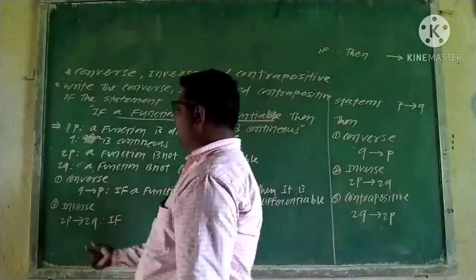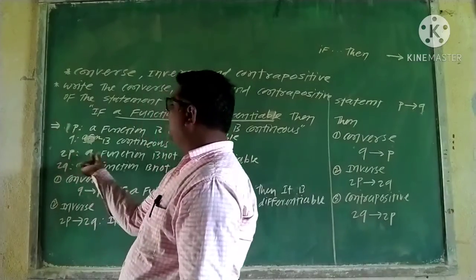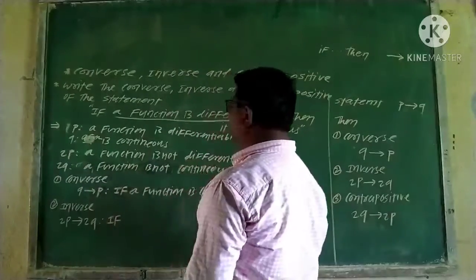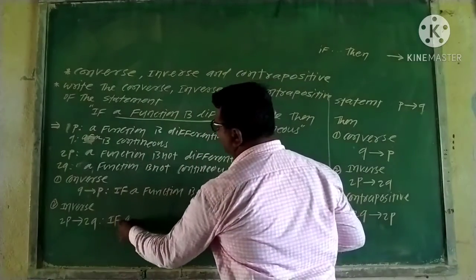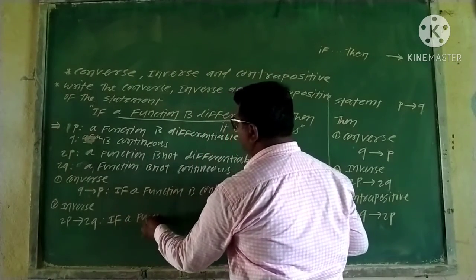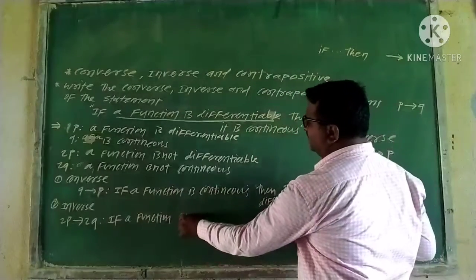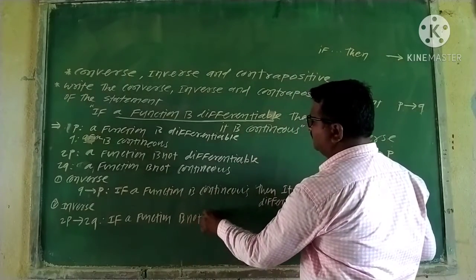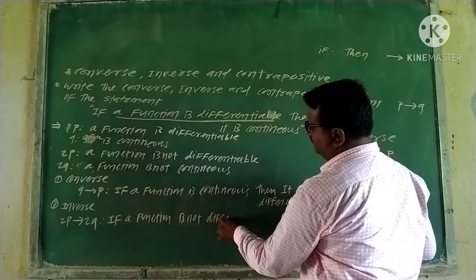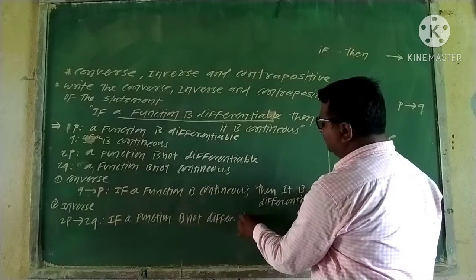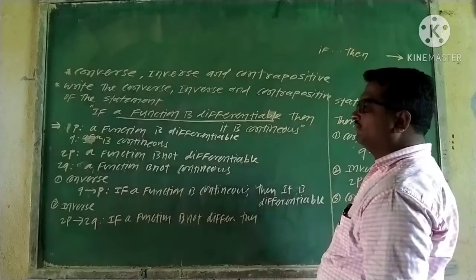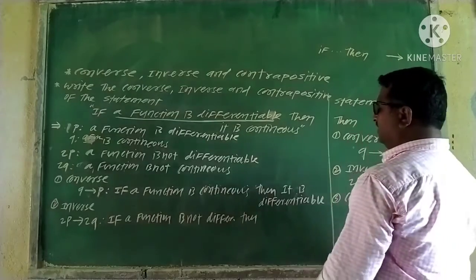The first statement is negation P, where negation P is: a function is not differentiable. Then it is not continuous.